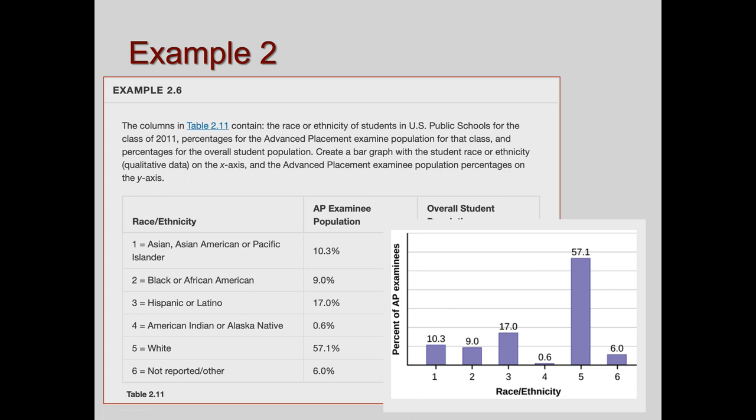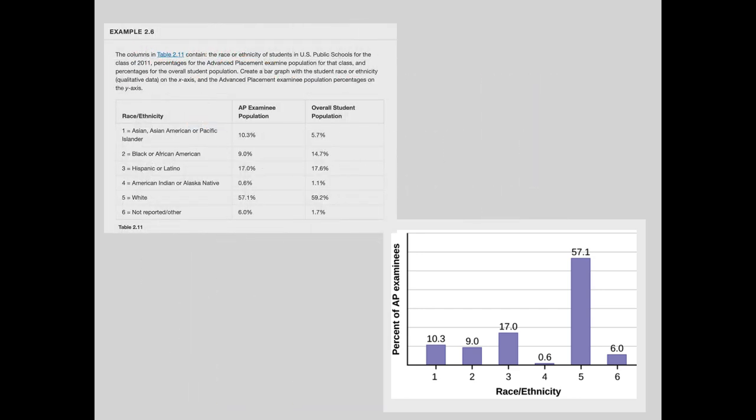Notice in this case, they did not put a scale on the left, but in lieu of a scale on the left, they put the exact values above each bar. Another acceptable way to do it. Personally, I like to do both because I really want to be clear that I have everything taken care of. Notice, of course, the labeling of the axes.